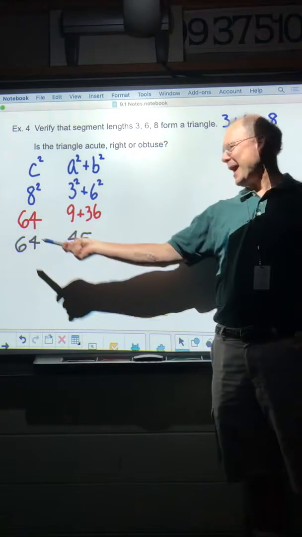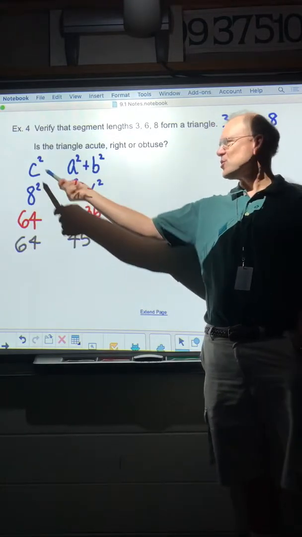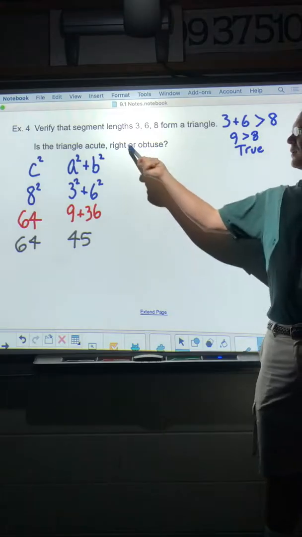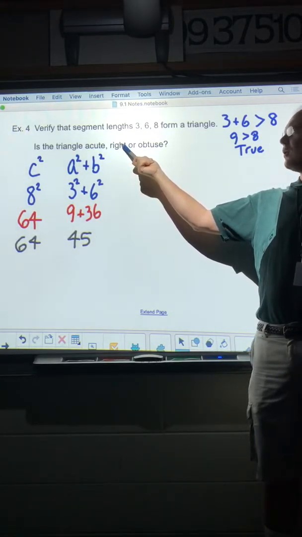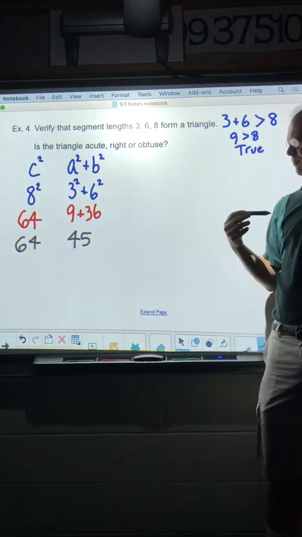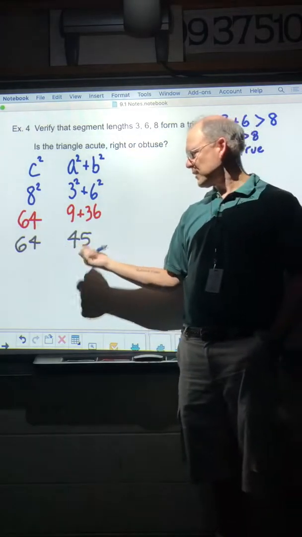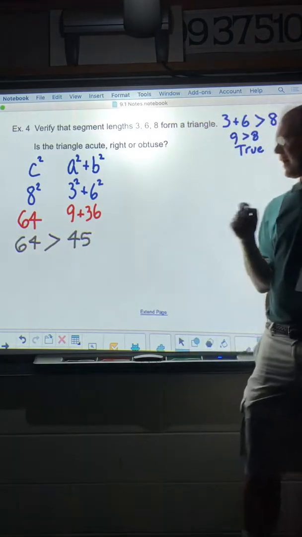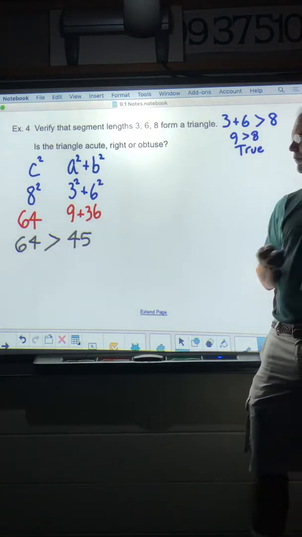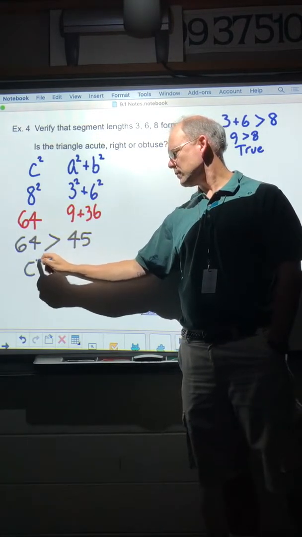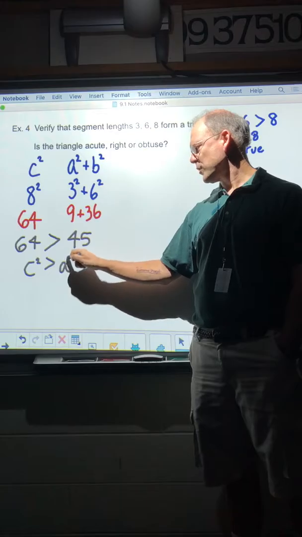Okay, so those are not equal. So C squared does not equal A squared plus B squared. So it's not a right triangle. So it's either acute or obtuse. Okay, so in this case, 64 is greater than 45. So C squared is greater than A squared plus B squared.